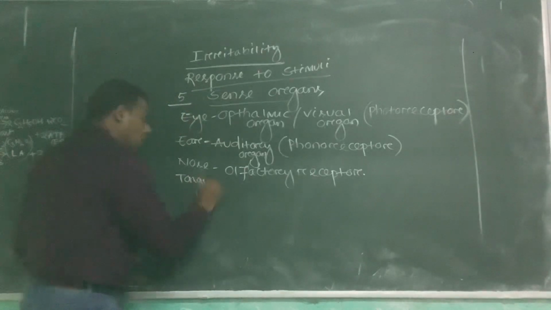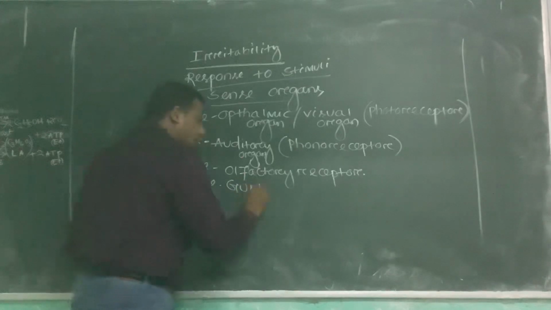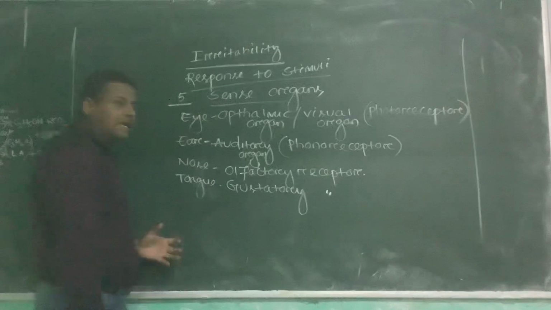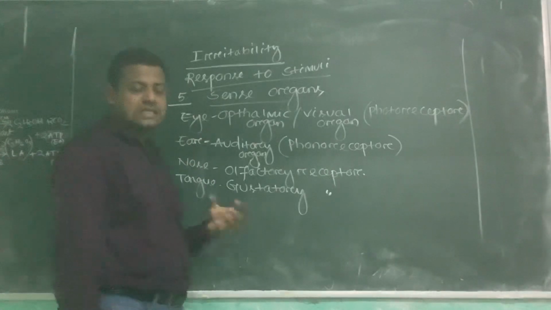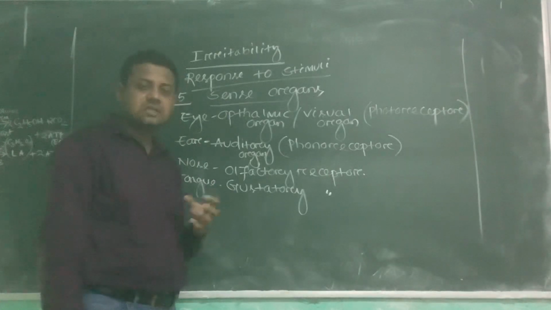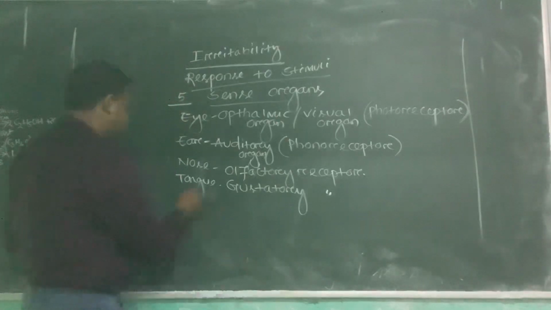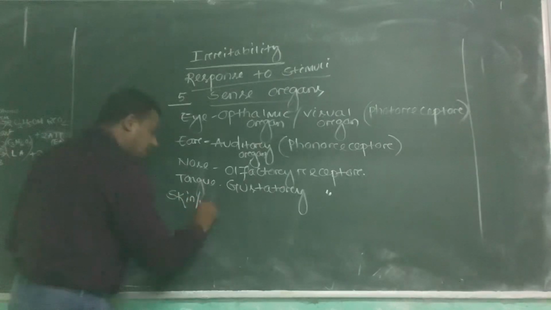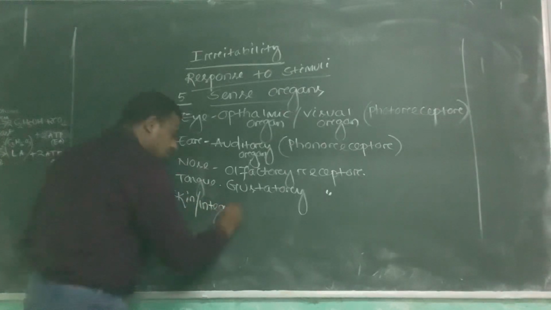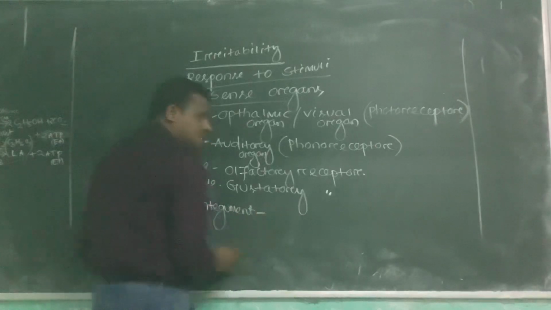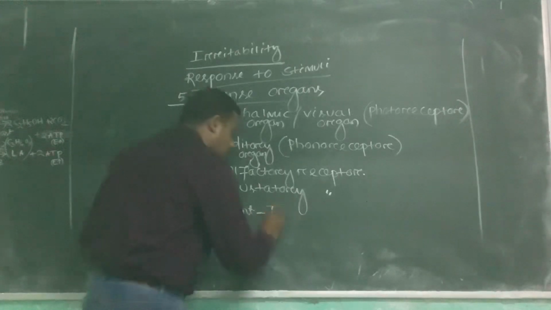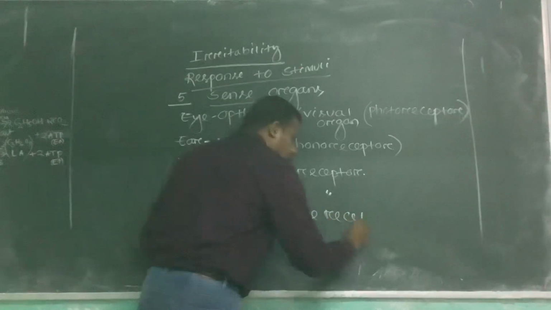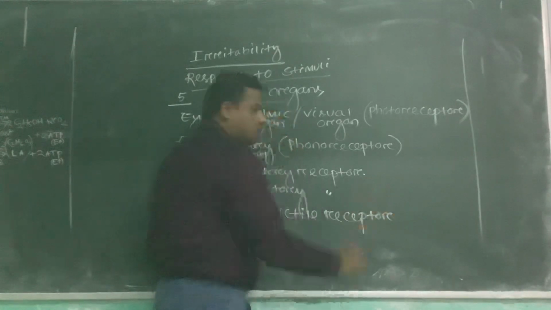Tongue is the gustatory receptor, which helps to detect the taste of food. Skin or integument is scientifically or zoologically called the tactile receptor.